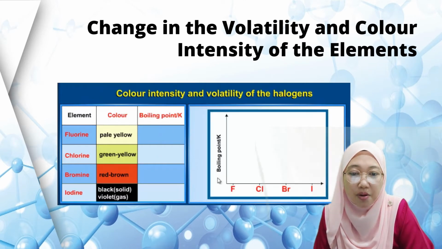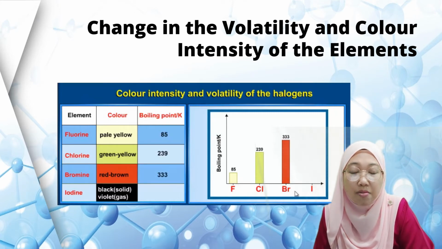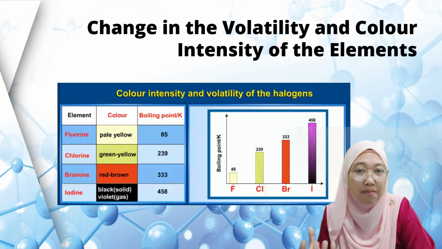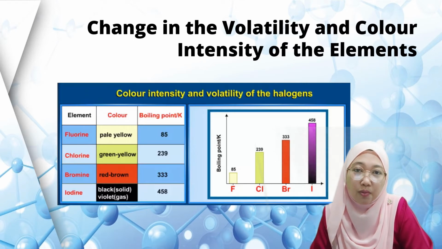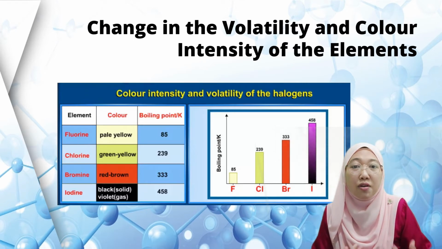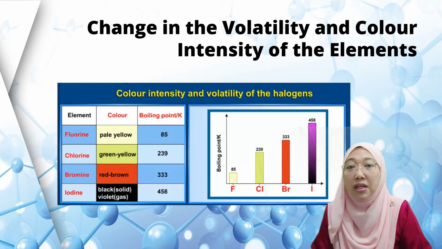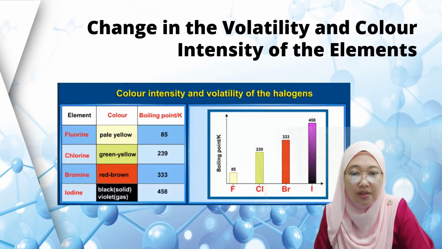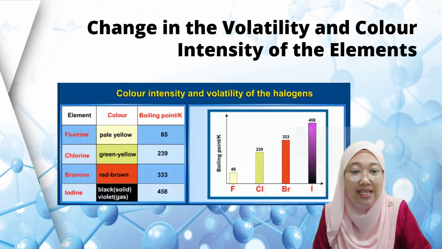Okay, the boiling point we see from fluorine, chlorine, bromine, and iodine, the boiling point increases. Okay, jadi ini membuktikan pernyataan tadilah, bila menuruni kumpulan saiz semakin besar, the van der Waals forces between the molecules increase, therefore the boiling point also increases. When the boiling point increases, the volatility decreases.